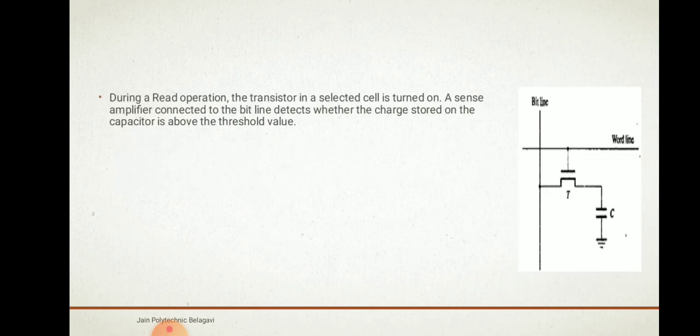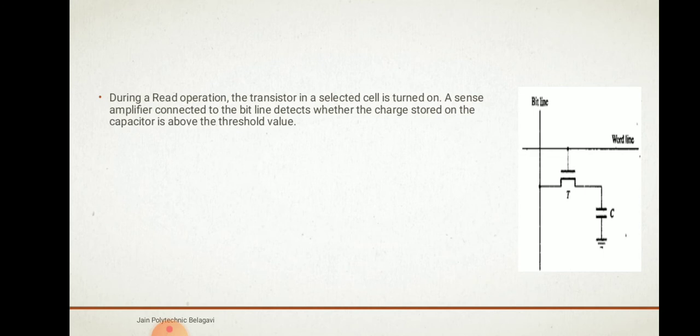Now what happens during a read operation? During a read operation, the transistor in a selected cell is turned on. If you want to read the data from the cell, the transistor in the appropriate cell is turned on. After that, a sense amplifier connected to the bit line detects whether the charge stored on the capacitor is above the threshold value. When we want to read the contents from the cell, the amplifier is connected to the bit line.